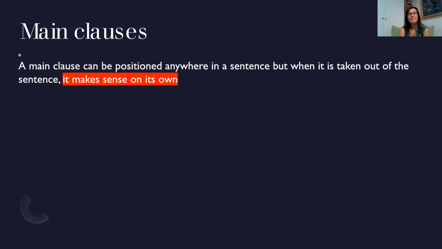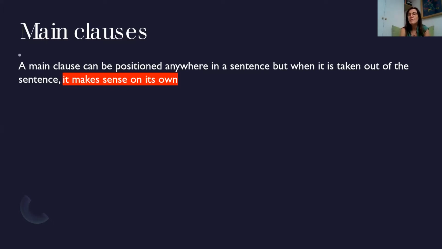Main clauses. A main clause can be positioned anywhere in a sentence, but when it is taken out of the sentence, as if it were to have a capital letter and a full stop, it makes total sense on its own.